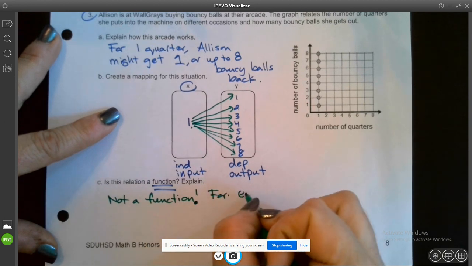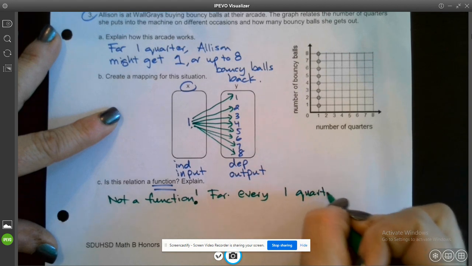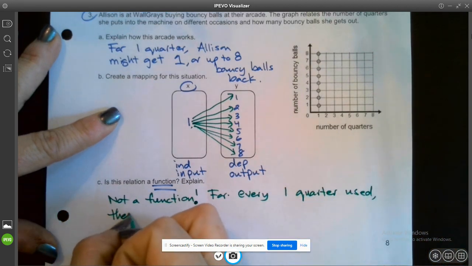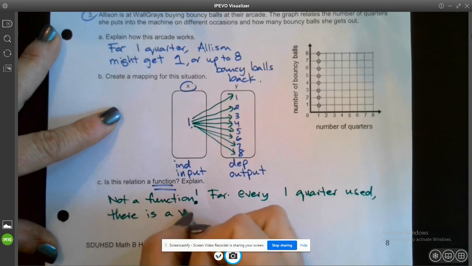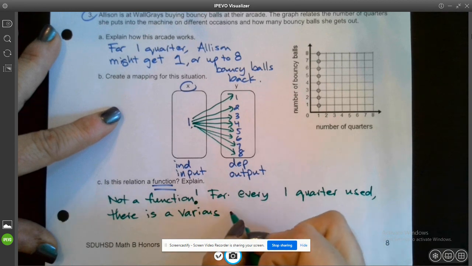For every 1 quarter used or put in, there is various amounts.